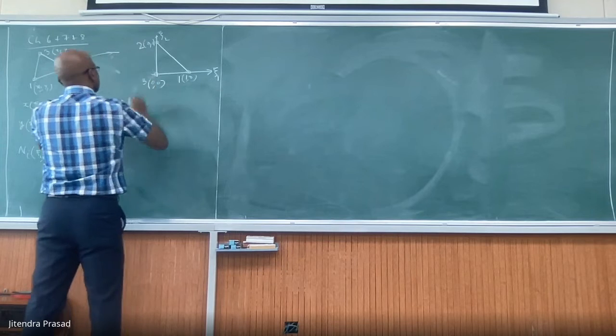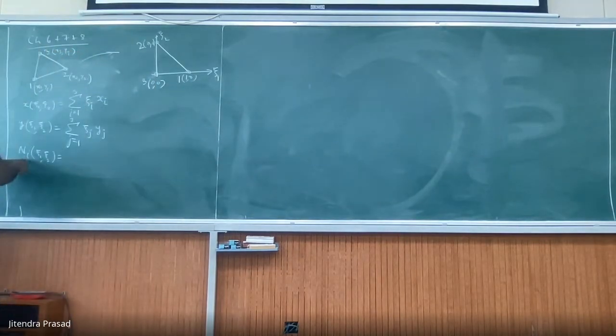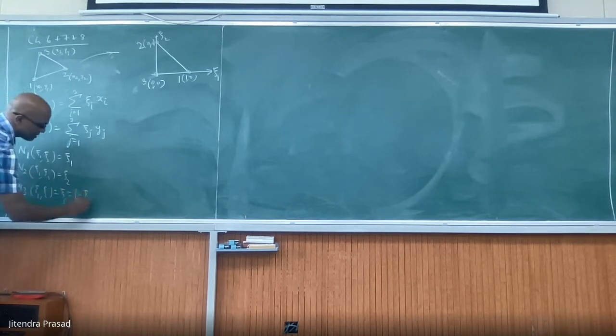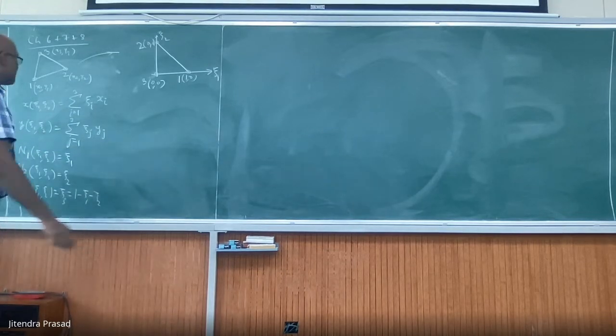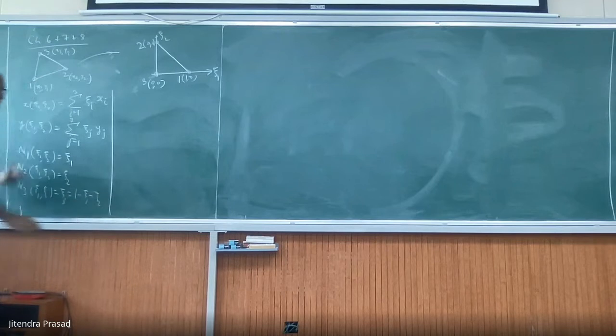N1(xi1, xi2) is equal to xi1, N2 is equal to xi2, and N3 is equal to xi3, which is equal to 1 minus xi1 minus xi2. So this we know, and based on that you can transform it very easily.